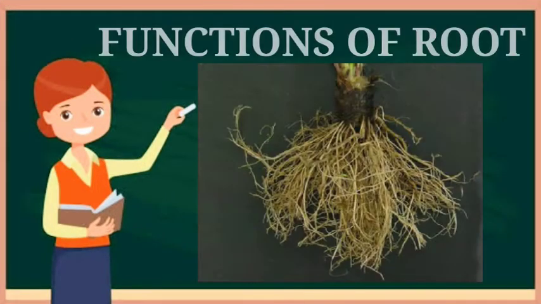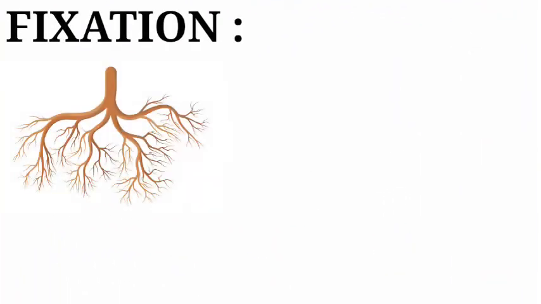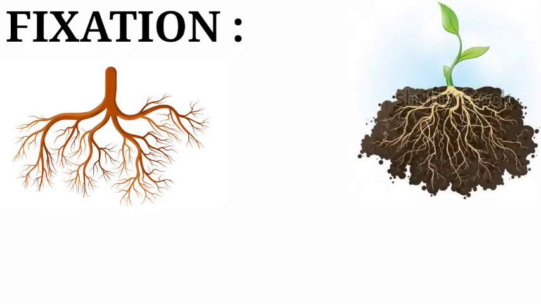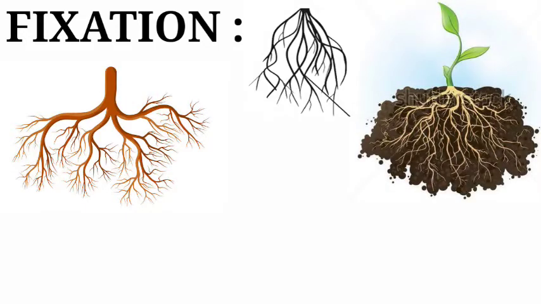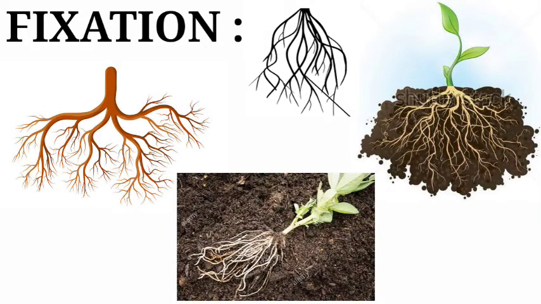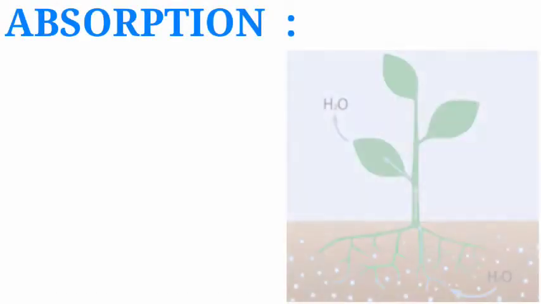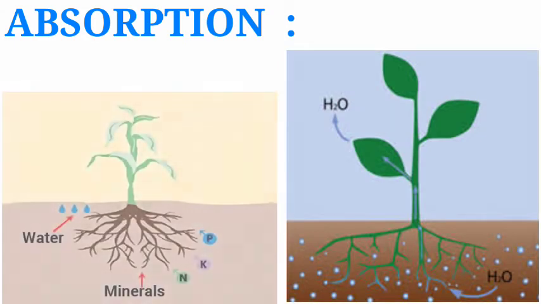Next, functions of root. Fixation. Root fixes the plant firmly to the soil. Without the roots, a plant would fall on the ground. Absorption. Roots absorb water and minerals required for the plant from the soil.